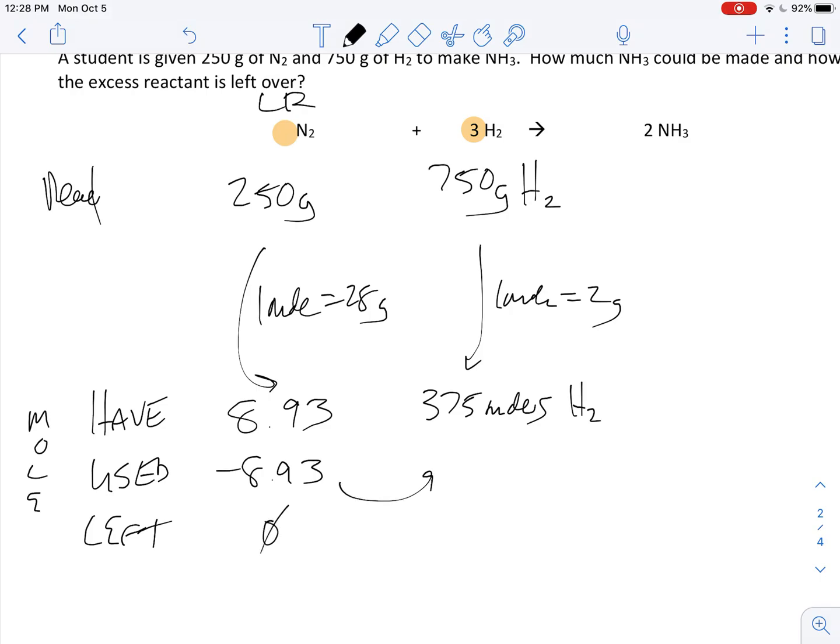If that's the case, then I'm going to come over here, and here's where my 3-to-1 ratio is going to be taken into account. So it's 8.93 times 3, so that's going to be about 26.79 moles that I'm actually going to use. So I'm going to be left over with about 348 moles here that are left over when I'm all said and done.